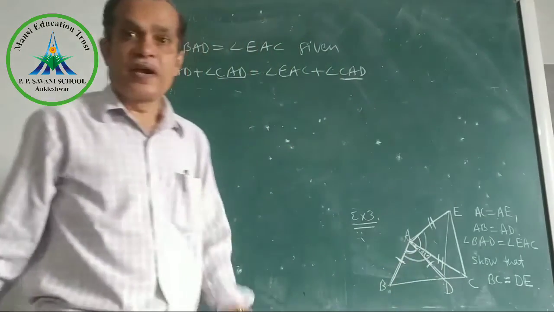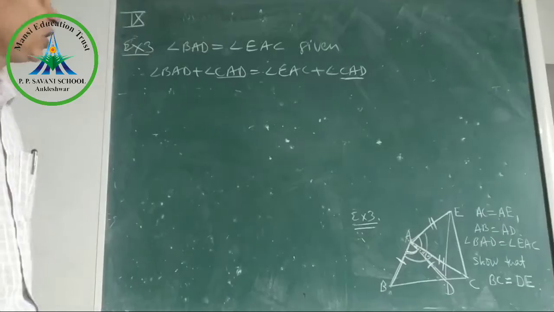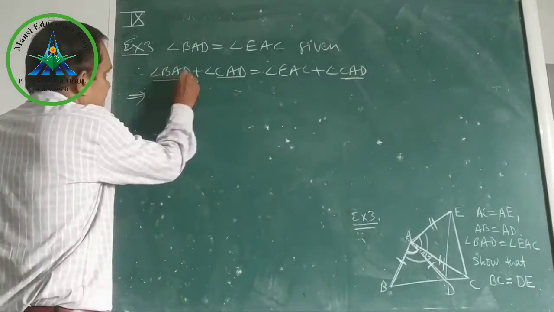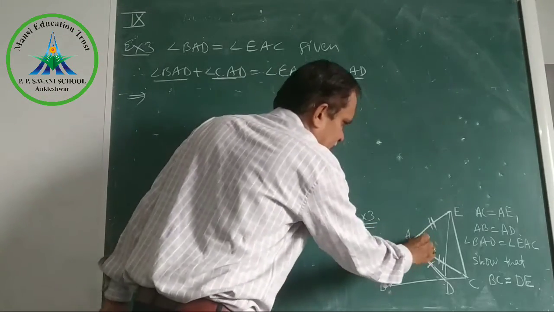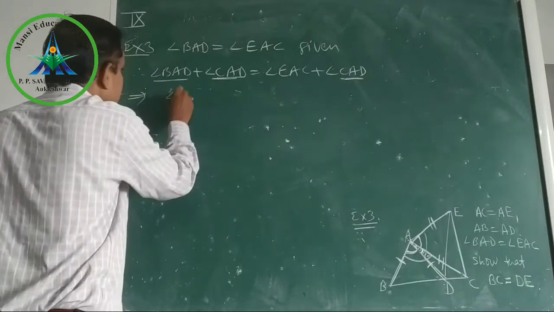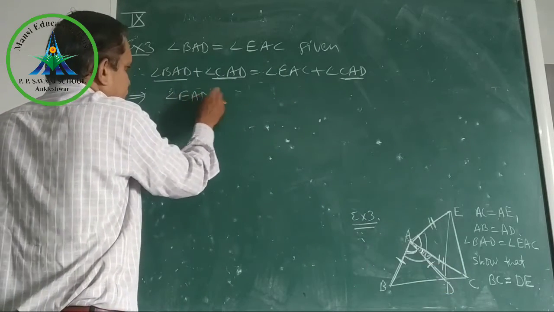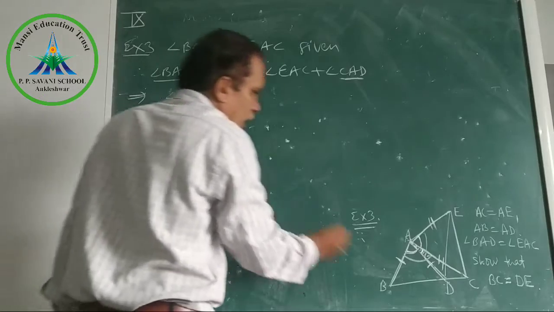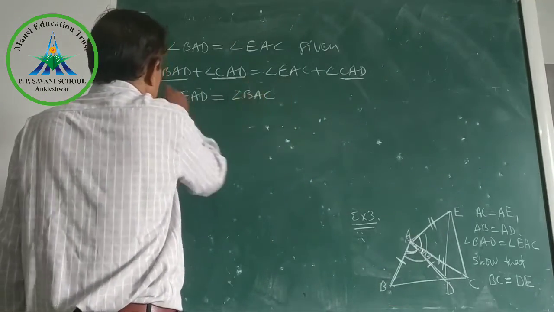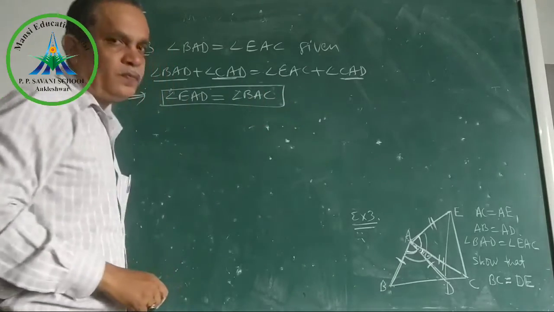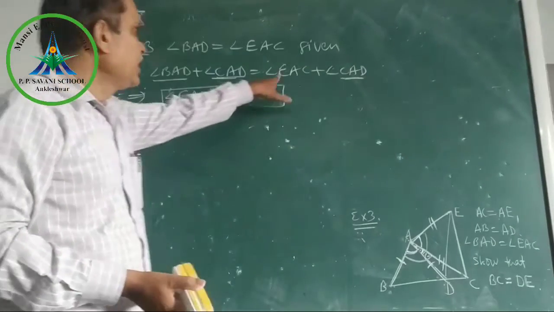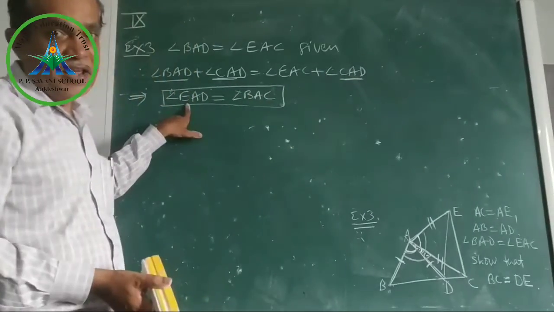I am adding equals. If you add equals to equals, then wholes are equal. Then this implies that this angle and this angle becomes EAD equal to angle BAC. Okay, we got it. So BAD plus CAD is BAC and EAC plus CAD is EAD.